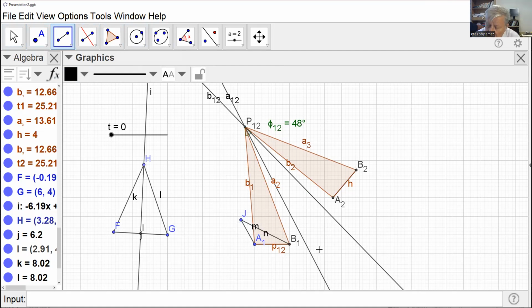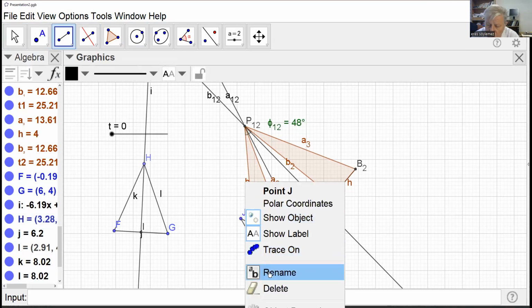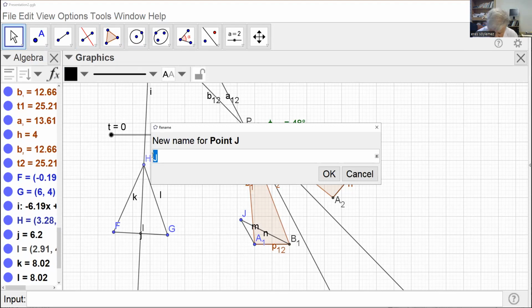In order to determine the second position, this point I will call C1.